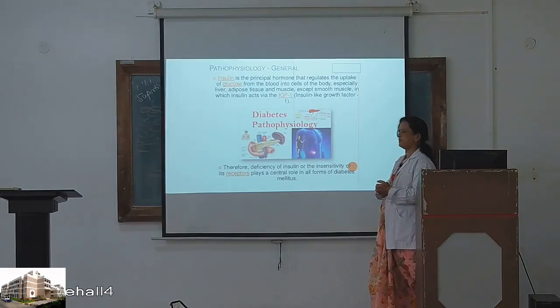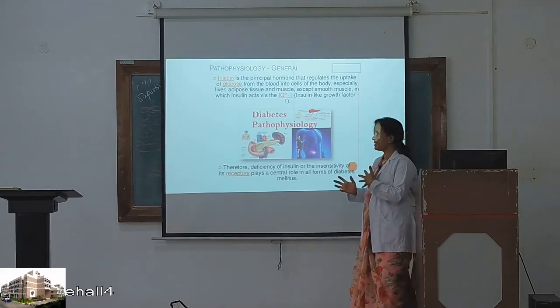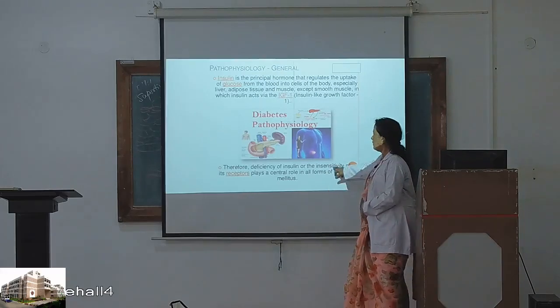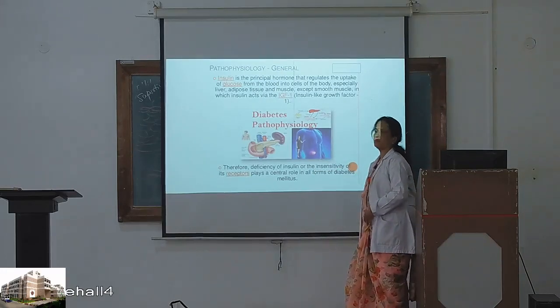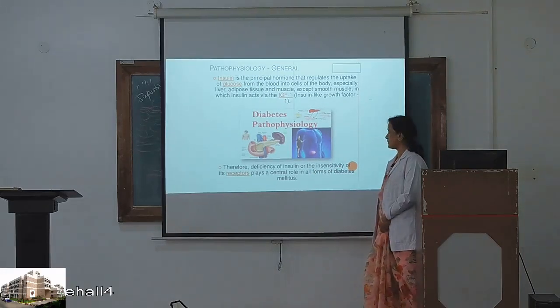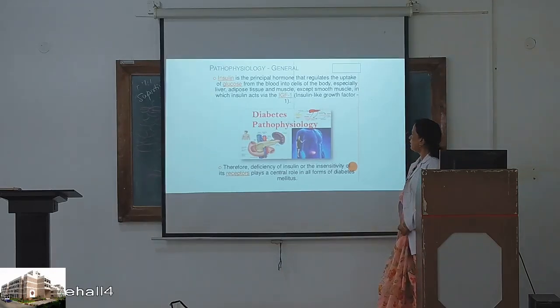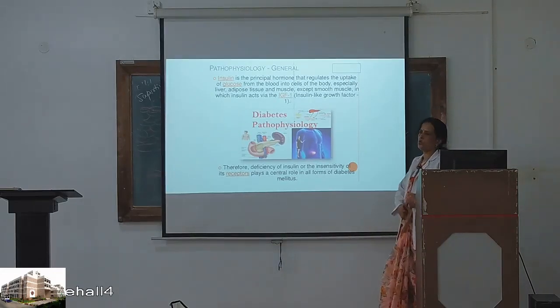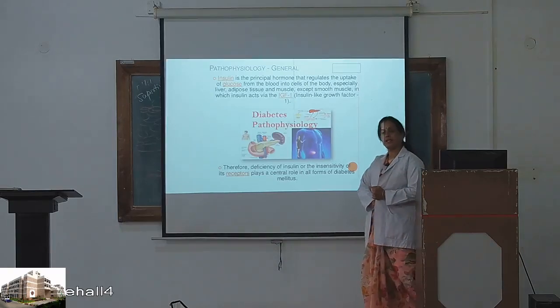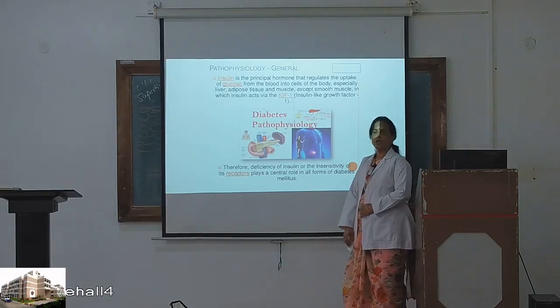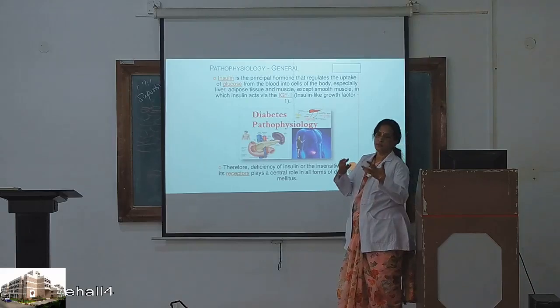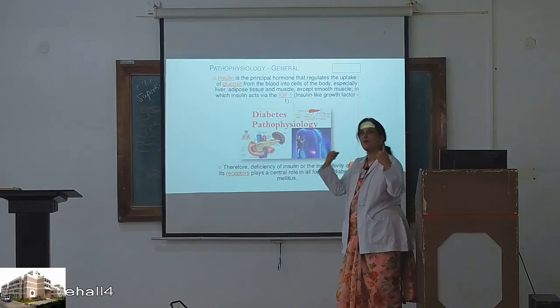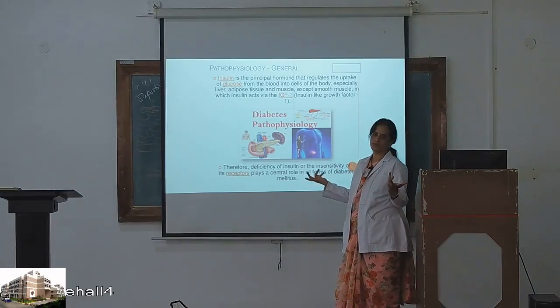Or in type 2, what did we say? Insulin is there, but the receptors are insensitive. So it plays a role in all forms of diabetes mellitus. Insulin has to be there for whatever glucose is there to be utilized by the cells. Otherwise, there's no use.